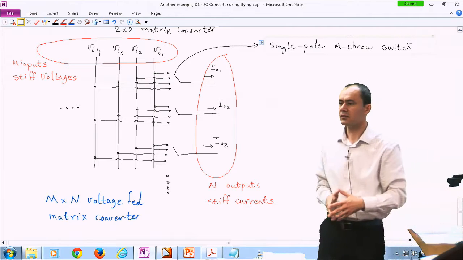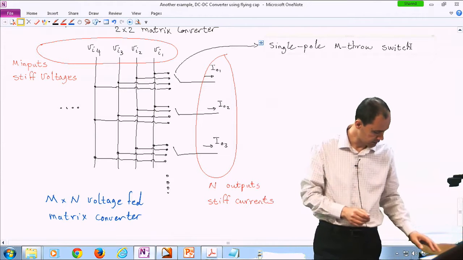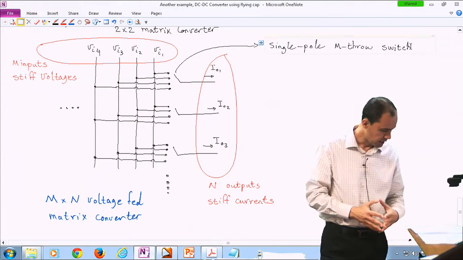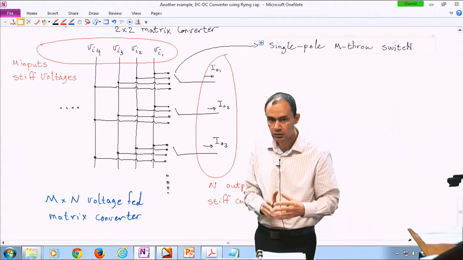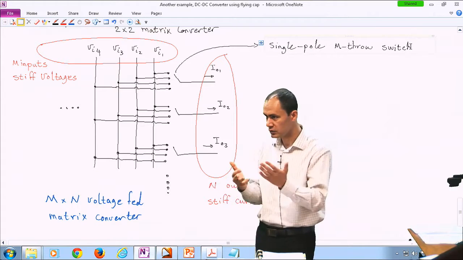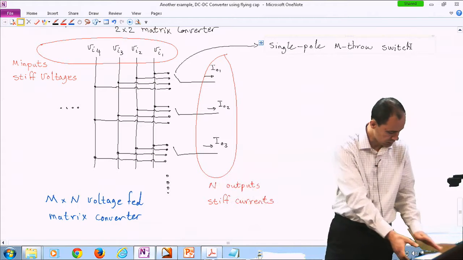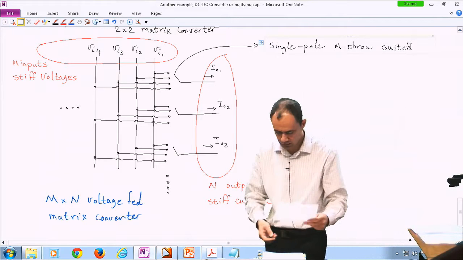And we have n of them, whatever the number n is. In general, depending on your switch realization, the power flow should be bidirectional. There is no restriction there as long as you consider that in your switch realization.